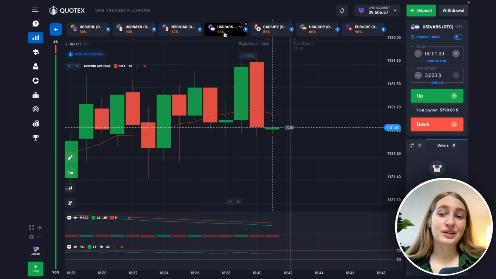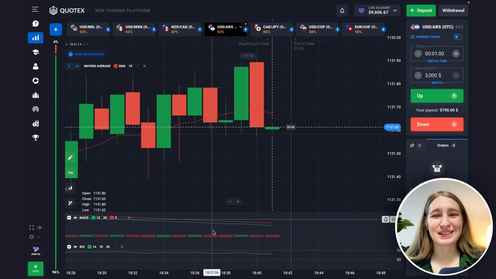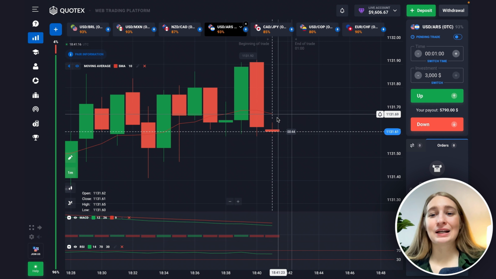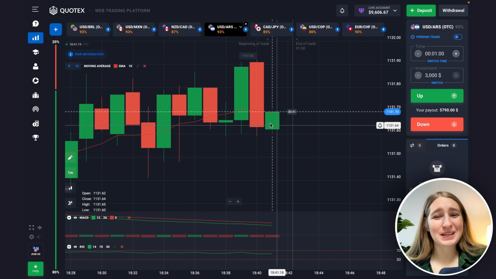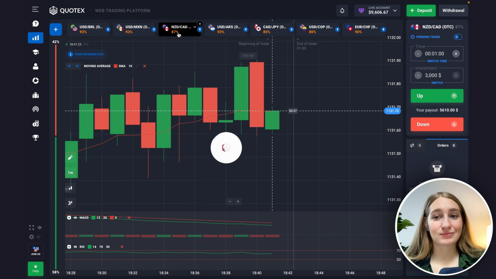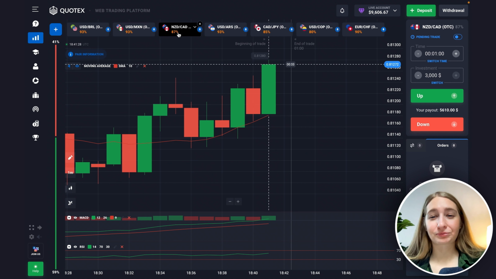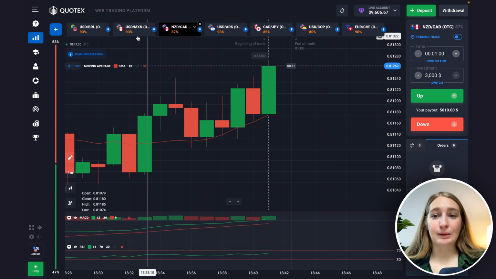And with a 93% payout, I really like this, but I don't really like what the indicators are showing. It's really a pity for me, but I can't do anything with this situation. Really can't.